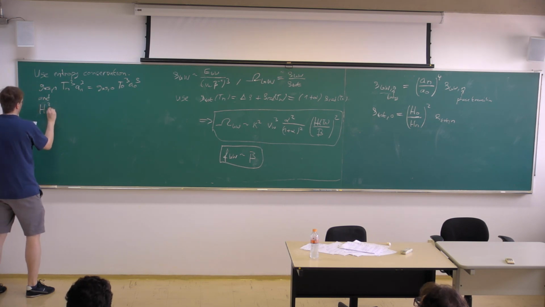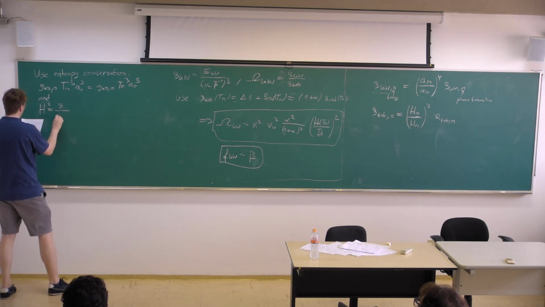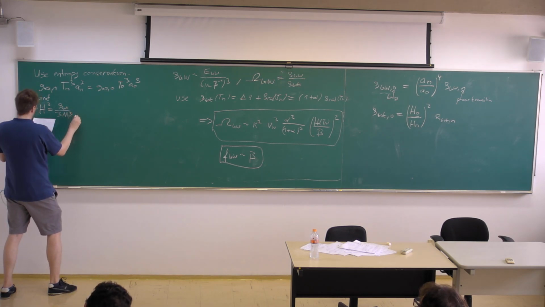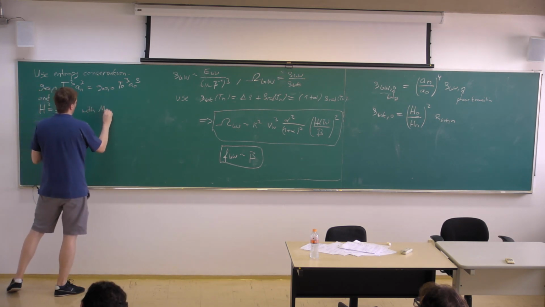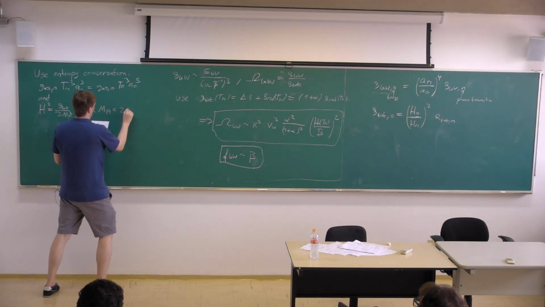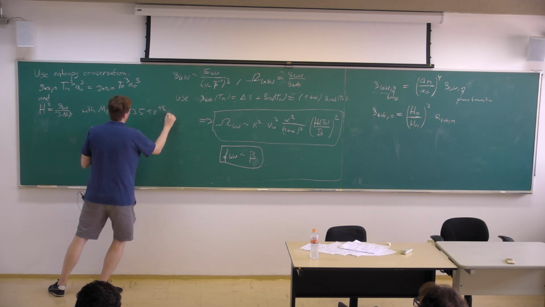So I'm using this, and I use that H squared is equal to, now I write Friedmann's law in terms of, essentially write Newton's constant in terms of the Planck mass.